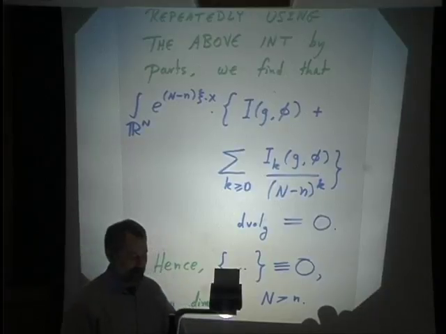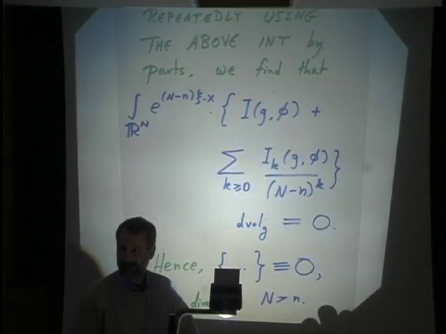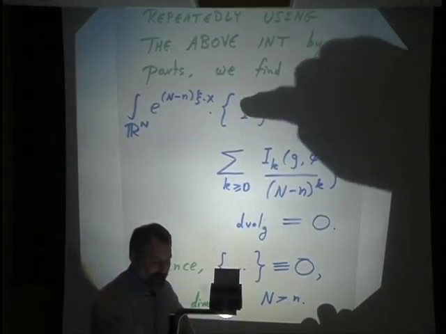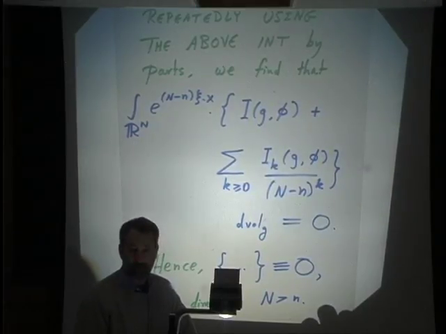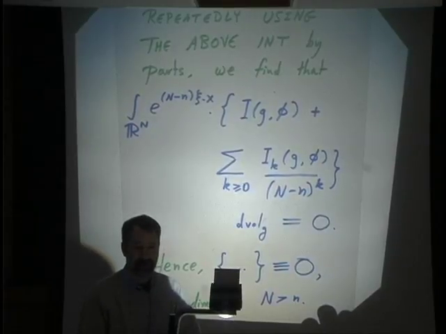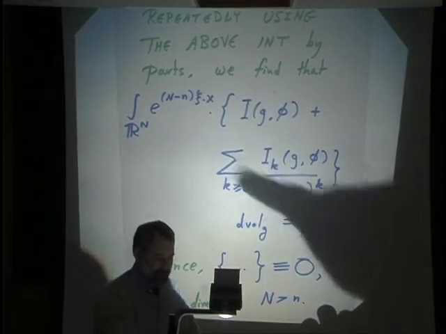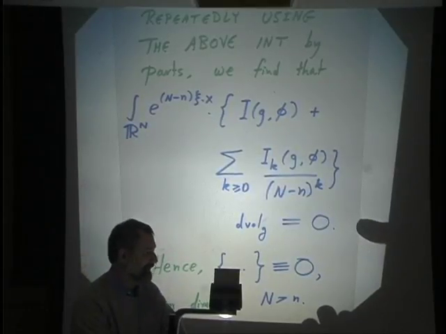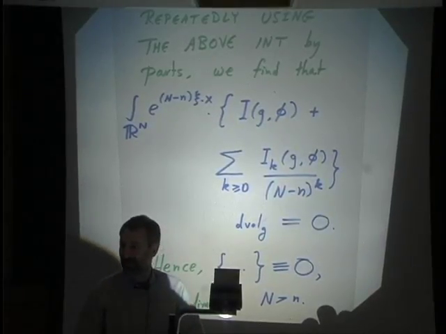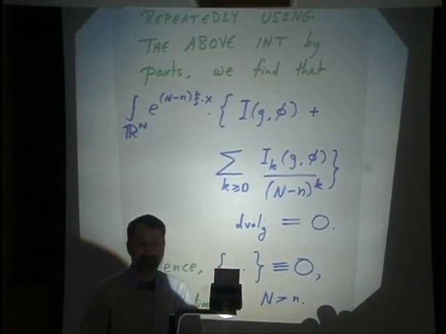Now, let's exploit the fact that xi is arbitrary. We have here some function of x. Who knows what it is? At least it has compact support because phi has compact support. And this integral is always 0. As long as capital N is different from little n, that means that the Laplace transform of the fellow in curly brackets is 0. Anything whose Laplace transform is identically 0 is the 0 function.